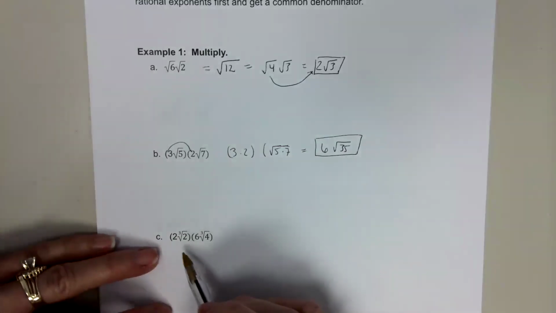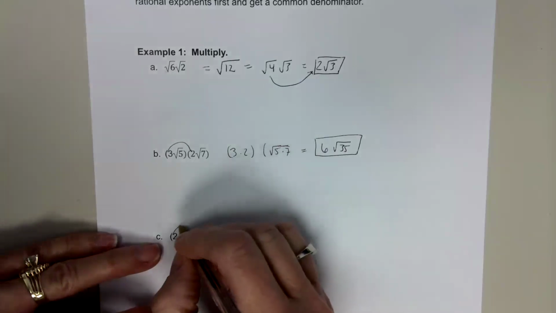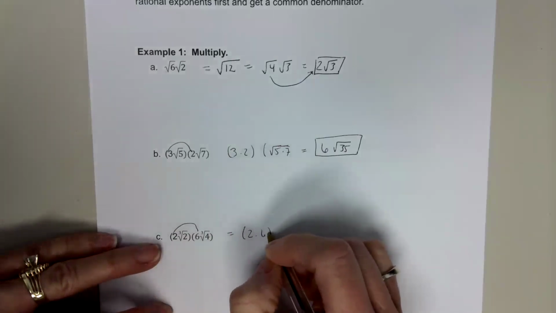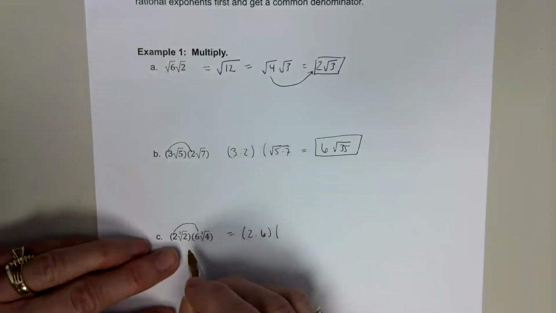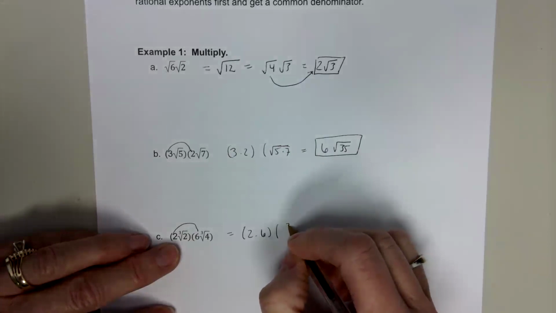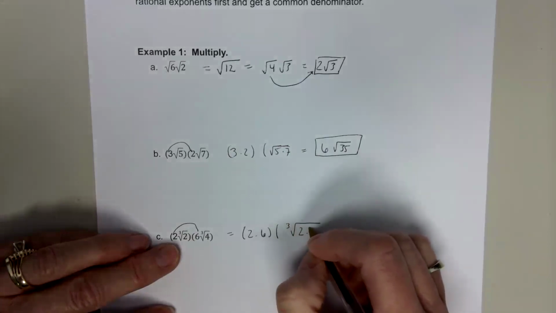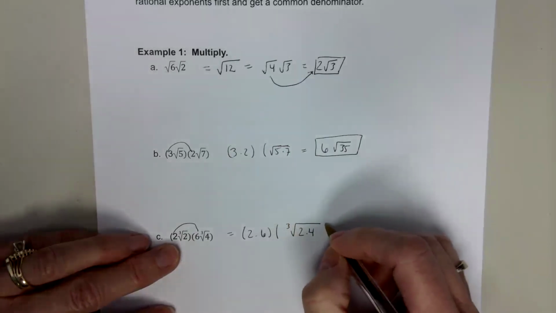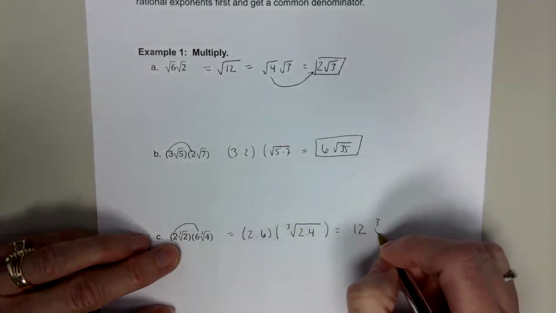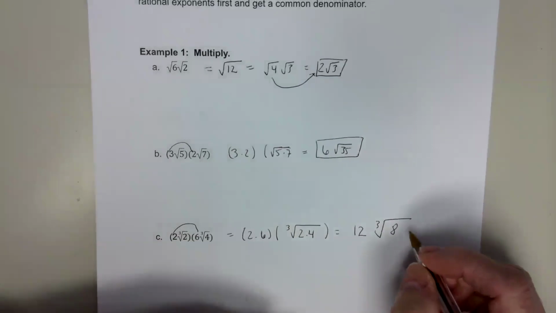Letter C, we have 2 times 6. So the two integers will get multiplied. And because this is a cube root and this is a cube root, they're both cube roots, so we can multiply just what's under the radicand together. So this is 12 times the cube root of 8.